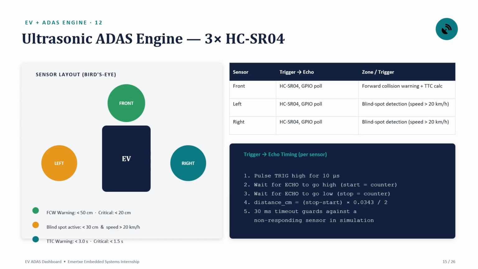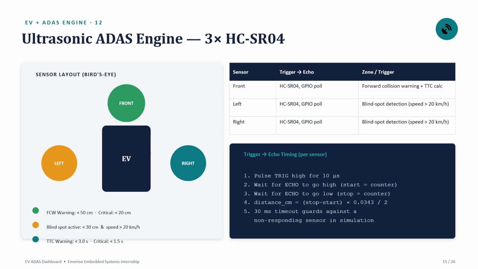Based on all the data, it gives different types of warning, like front collision warning, blind spot warning, and time to collision warning, based on different set thresholds.